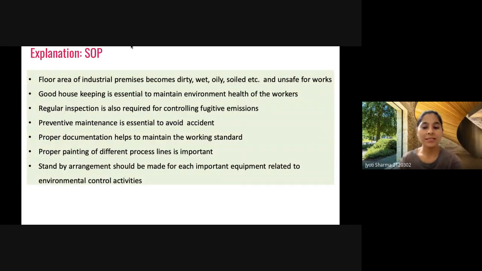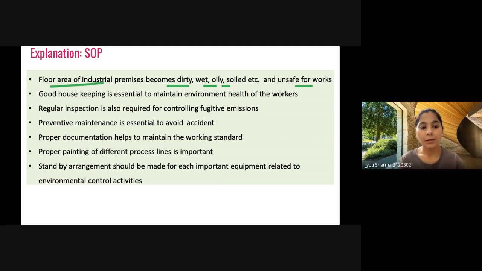So this is the list of what should be under this industrial premises. The first is floor area become dirty, wet, oily and unsafe. So this we have to clean, right?